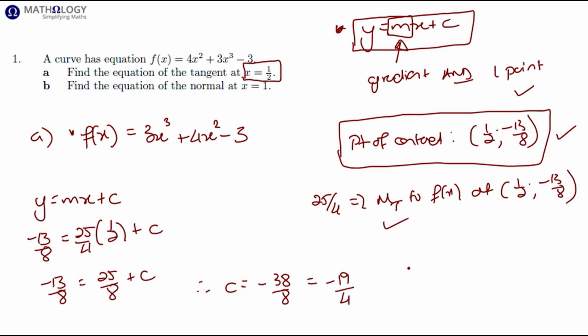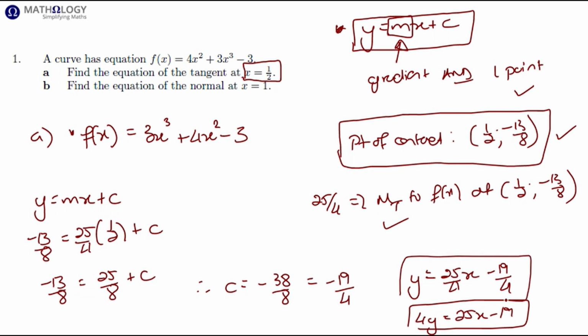Therefore, the equation of the tangent to f of x at the point a half, minus 13 over 8 is given by y equals 25 over 4 x minus 19 over 4. And we can write this in a better way as 4y equals 25x minus 19. Either of these forms are acceptable for the equation of the tangent to f of x at the point a half, minus 13 over 8.